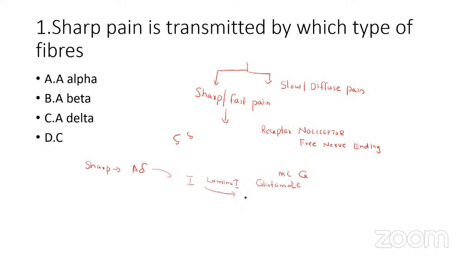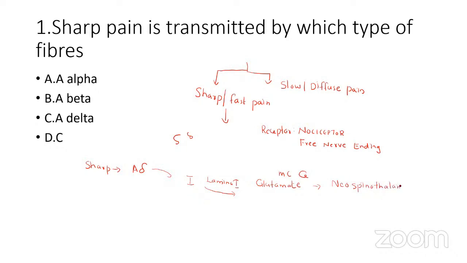From the lamina 1, it crosses to the opposite side and ascends as the lateral spinothalamic tract. This pathway for the sharp pain is known as the neo-spinothalamic pathway.